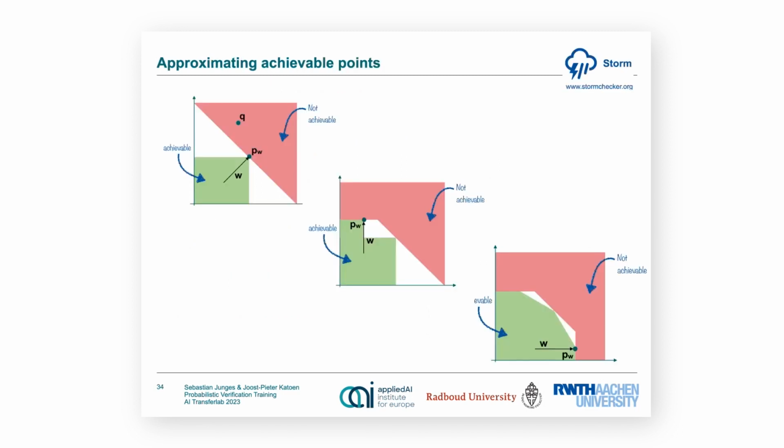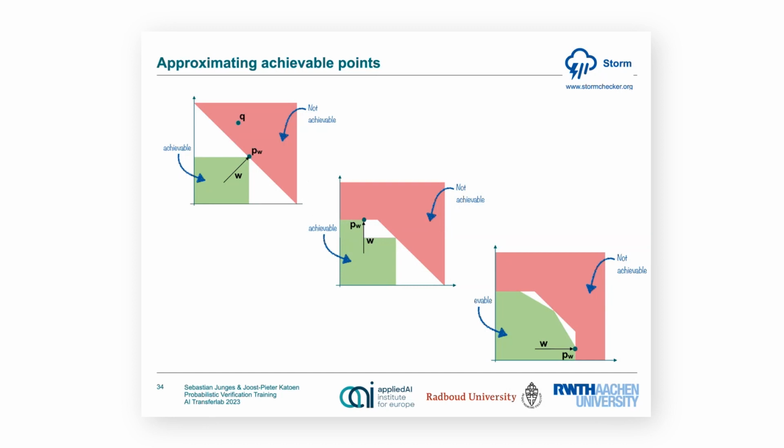Good. So what Storm does, it can compute these kinds of achievable points, and it does this iteratively. And you see this in this picture going from the top left to the bottom right. Initially we select a vector, indicated here with W. And then we can compute this point PW. This point will be part of the Pareto curve.